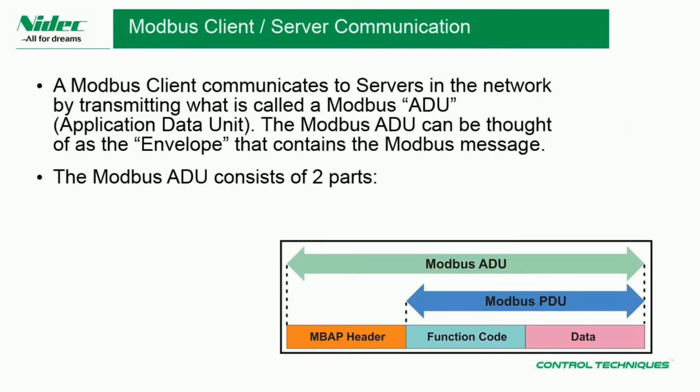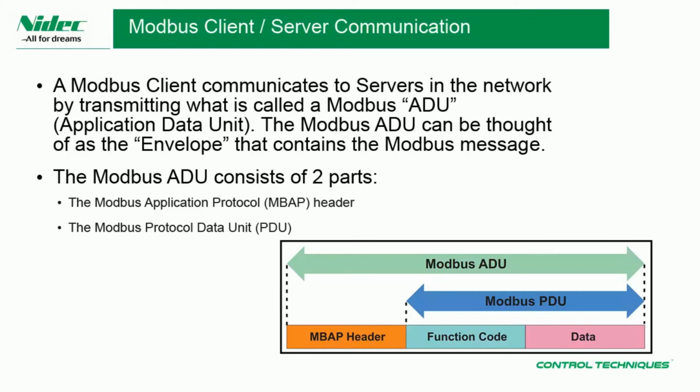A Modbus client communicates to servers in the network by transmitting what is called a Modbus ADU, or Application Data Unit. The Modbus ADU can be thought of as the envelope that contains the Modbus message. The Modbus ADU consists of two parts: the Modbus Application Protocol, or MBAP header, and the Modbus Protocol Data Unit, or PDU.